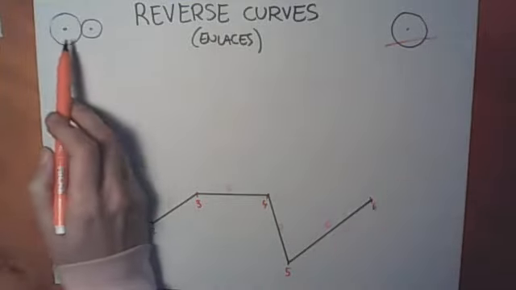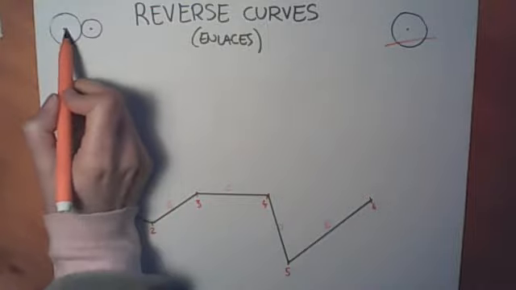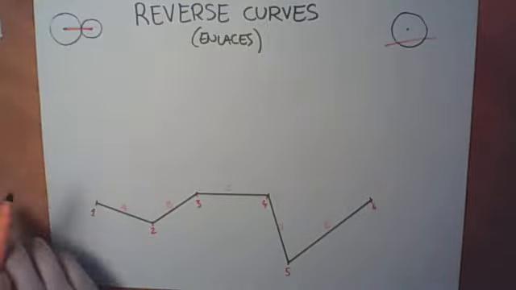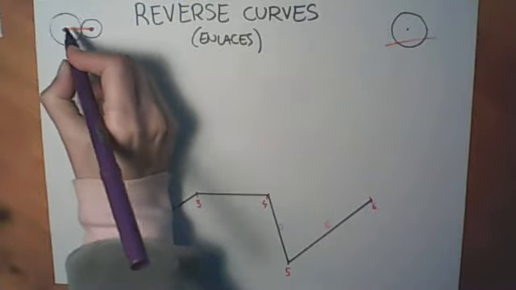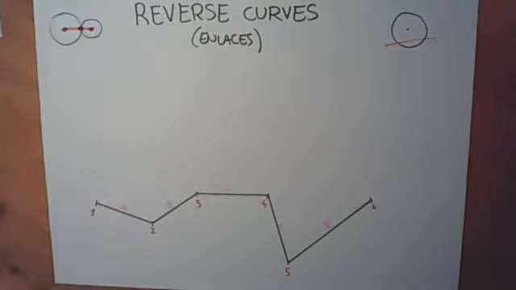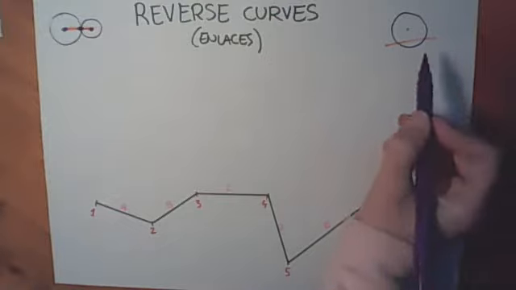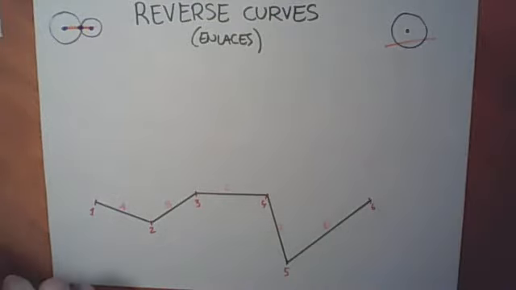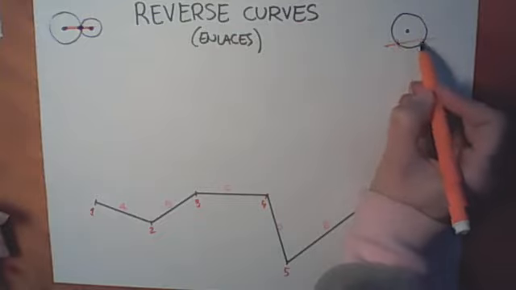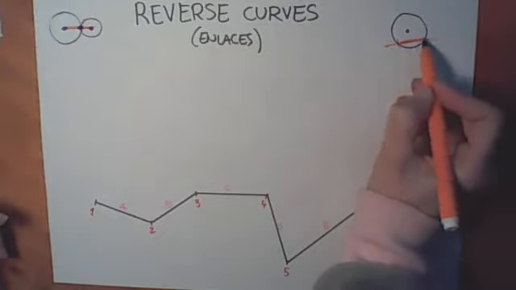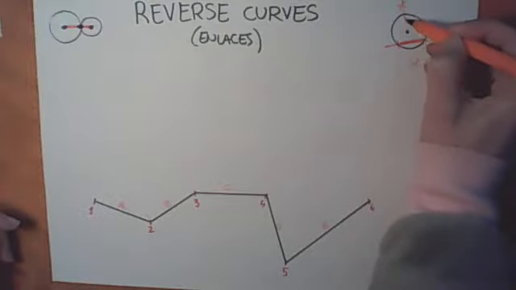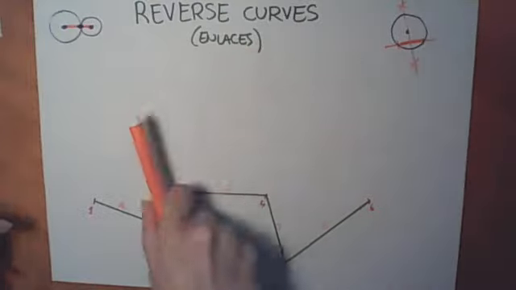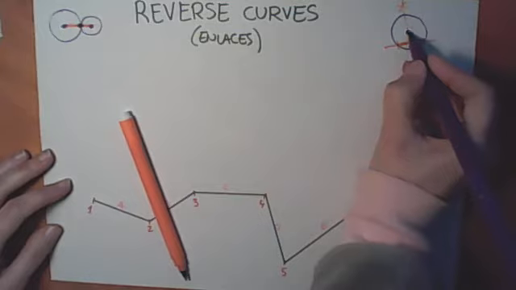If I have 2 tangent circumferences, the centers will be always in line, and also they will be always in line with the point of tangency. And this one, when I have a chord of a circumference, if I make the perpendicular bisector, the perpendicular bisector will pass always through the center of my circumference, okay?